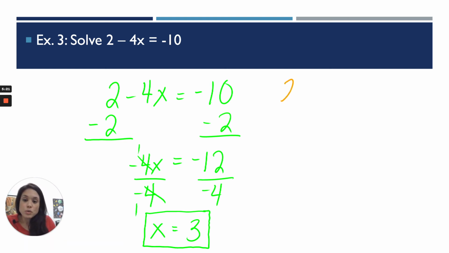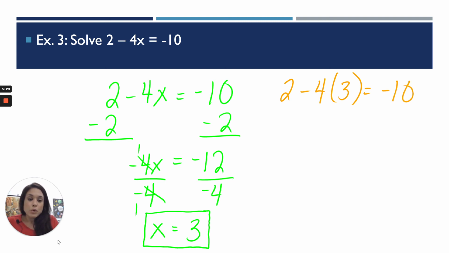So 2 minus 4 times 3 equals negative 10. Negative 4 times 3 is negative 12. 2 minus 12 is negative 10. So yes, this is correct, and x does equal 3.